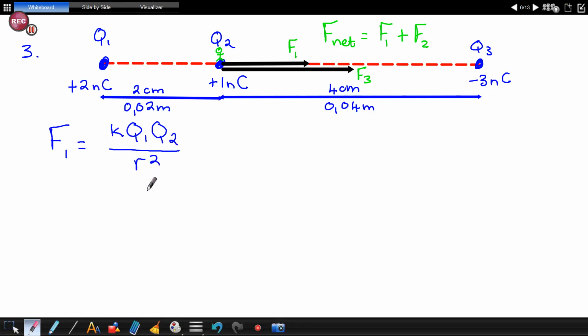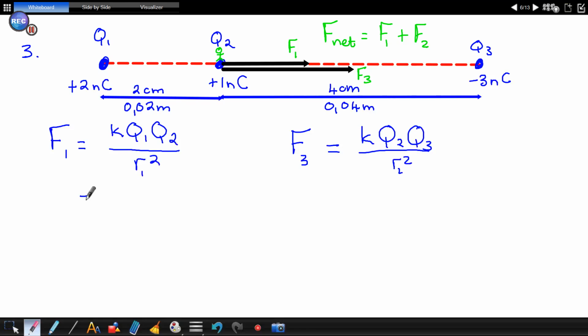And the force of 3 is K Q2 Q3 over R squared. We can make an R1 and an R2, doesn't matter.